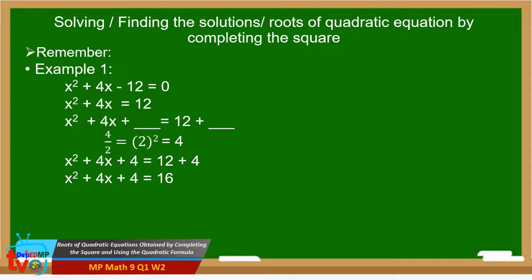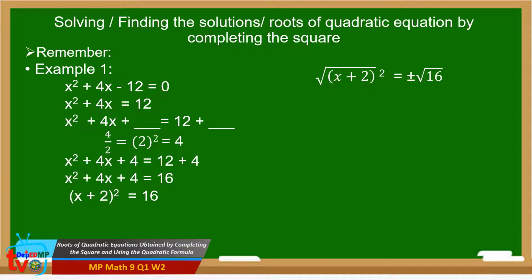Then, we rewrite the left side of the equation, which is a perfect square trinomial, as a square of a binomial, as the quantity of x plus 2 to the second power. Next, to get rid of the exponent, we put a square root sign on both sides of the equation and simplify.